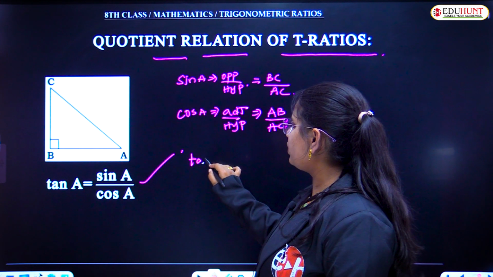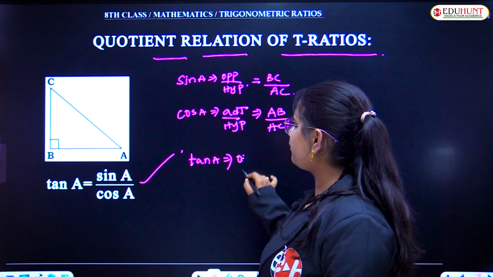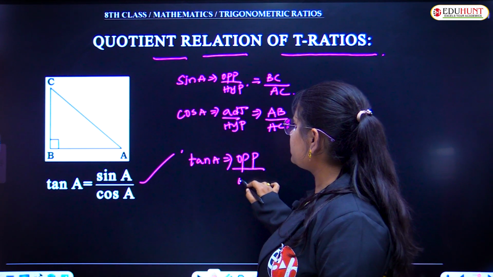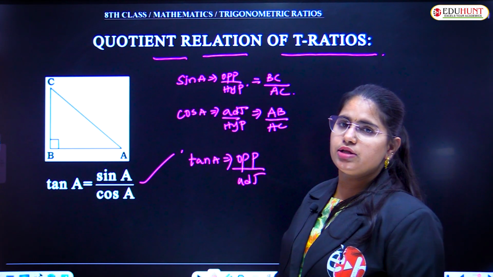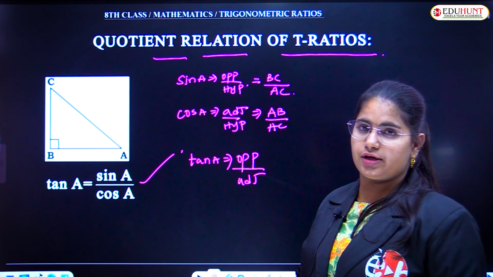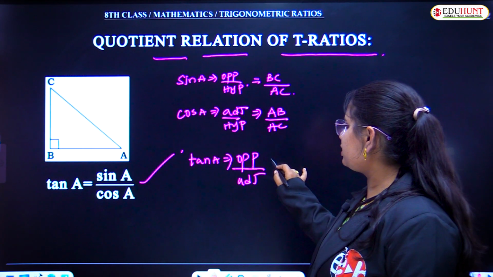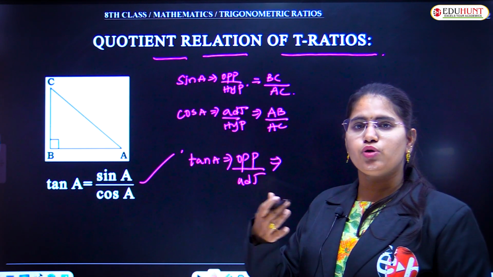Let's also check with tan A. So what is tan A from the given figure? How do you define tan A? Opposite side by adjacent. All this I have explained in the concept of trigonometric ratios, in the introduction of trigonometry. So go through that class and then you should watch this, to have much more clarity.